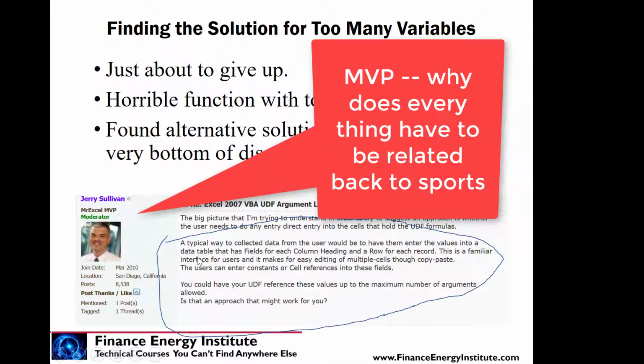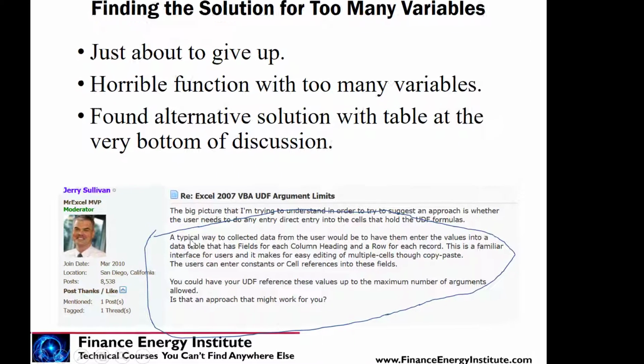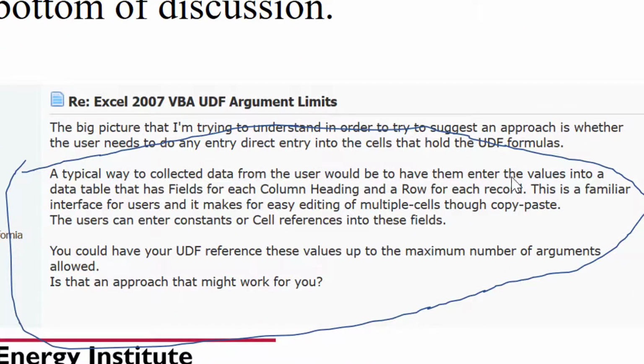But he said, on the very bottom, I was looking around this for, I don't know, hours, and then he said a typical way would be to use the values in a data table. So instead of doing this, you put all of this in a data table. You could have your UDF reference these values up to the maximum number of arguments allowed. I don't know. That might be like the 30 debt issues. So that was really nice that he did that.